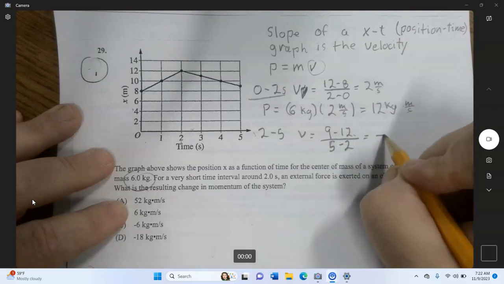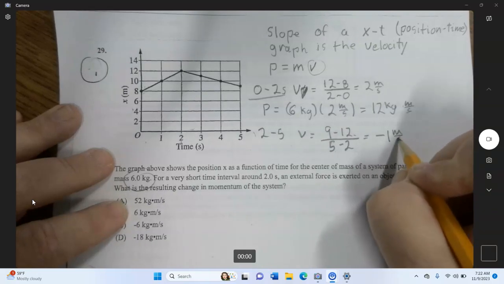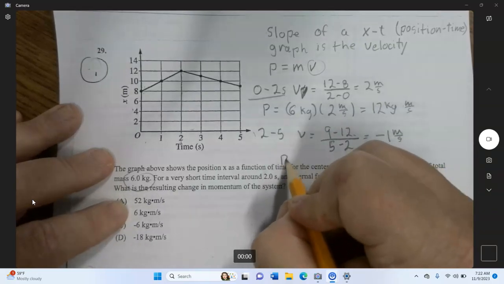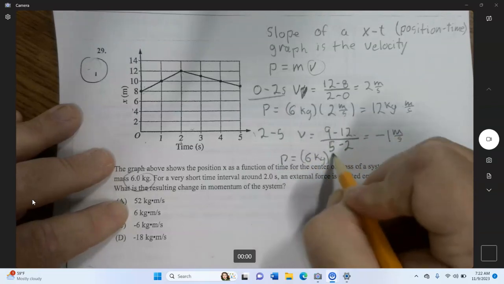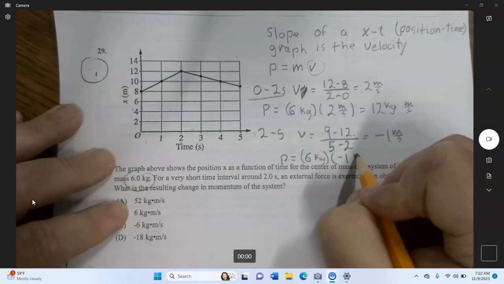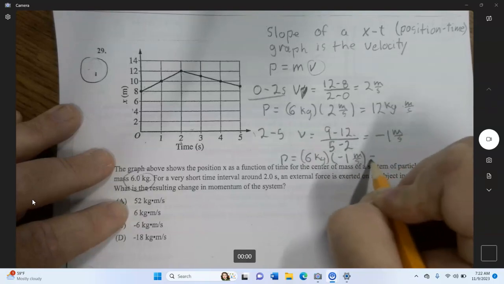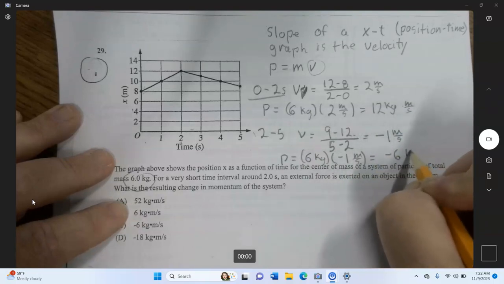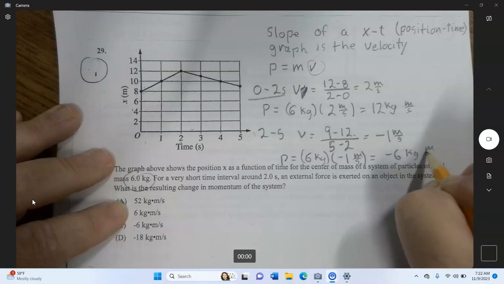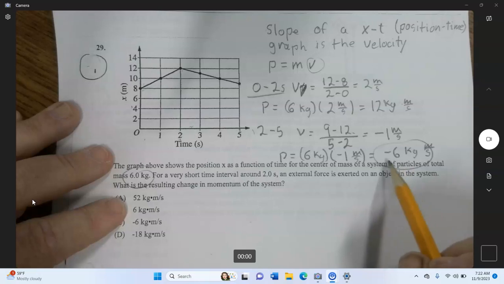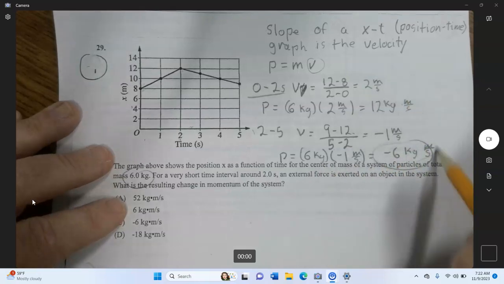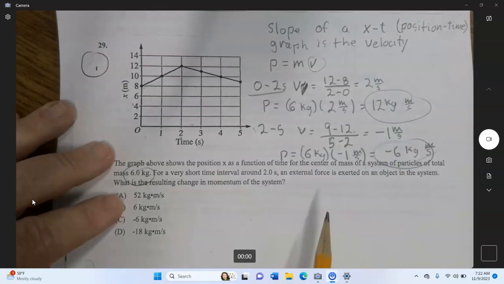That's going to equal negative 1 meters per second. So the momentum equals 6 kilograms times negative 1 meters per second, which equals negative 6 kilogram meters per second. Okay, so there's your momentum after 2 seconds. There's momentum before 2 seconds.